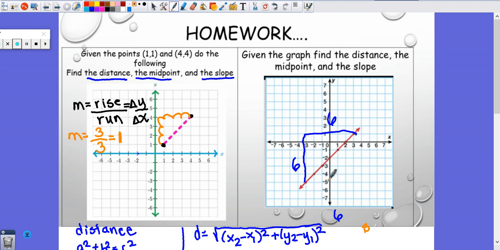Now it's telling me to find the midpoint. For midpoint, I'm just going to roll with the formula. But in order to do that, I need to get the two points that I'm working with. So here, this is going to be -3 and -5. I'm going to call that point A. And point B is 3 and 1.